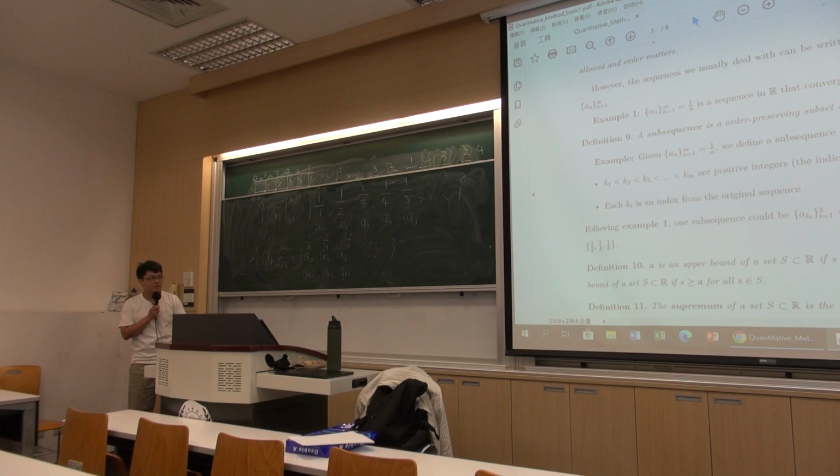Of course, this is not the only way to construct your subsequence. You can construct it in a very random way. But just notice that you cannot mess up the order. It has to follow the original order, which means that you cannot construct a weird subsequence like a_4 first and then a_2.